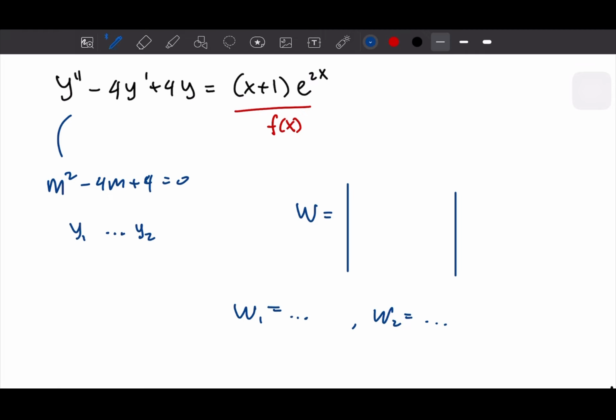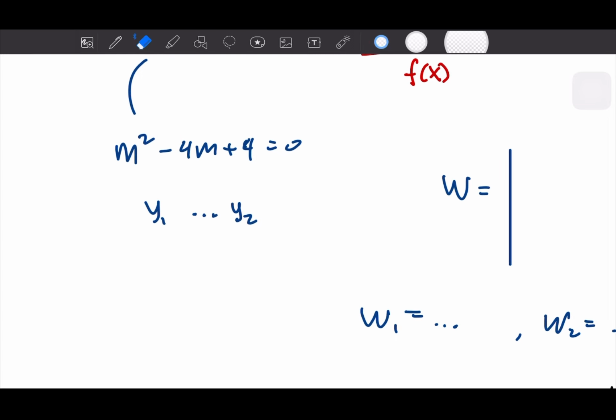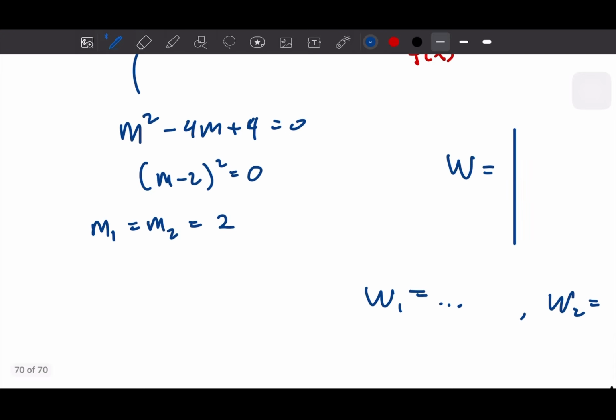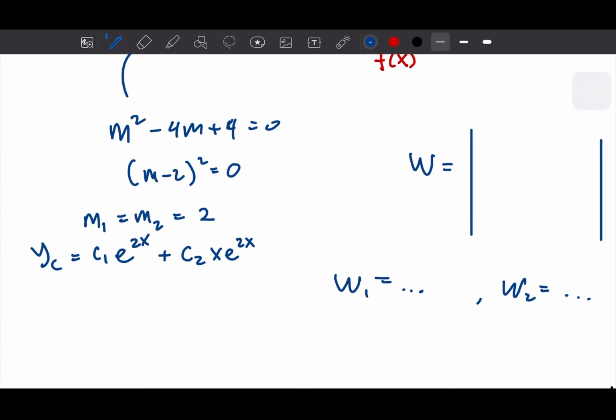Let me just solve the auxiliary equation here. So this will be m minus 2 squared. So m1 equals m2 equals 2. So we are going to have yc equals c1 e to the power of 2x plus c2 x e to the power of 2x. So this will be our y1 and this will be our y2.